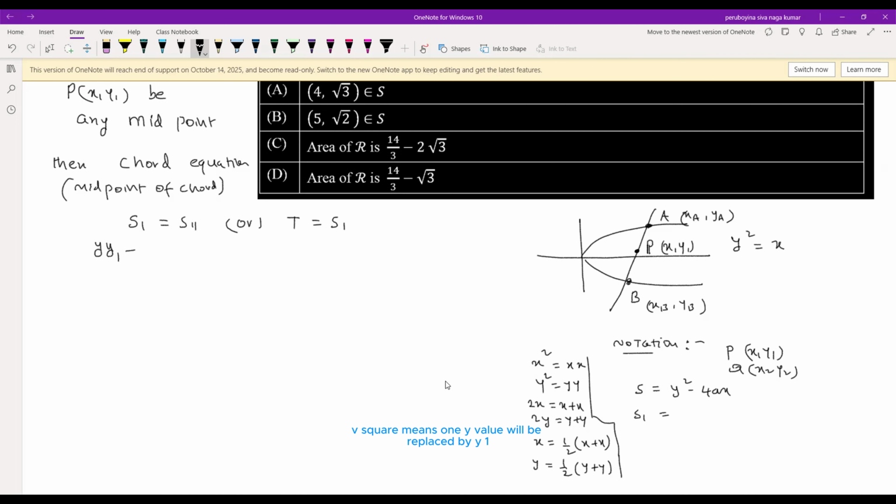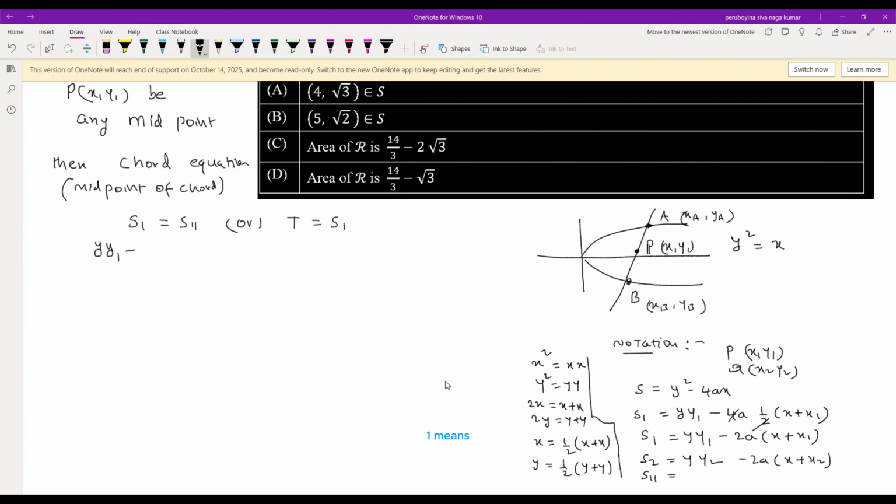Y square means one y value will be replaced by y1 and the other y value will still be y, that means y y1. Minus 4a into x, where x will be replaced by 1/2 of x plus x1. Of course, these two get cancelled. So S1 means y y1 minus 2a of x plus x1. Similarly, S2 means y y2 minus 2a of x plus x2.